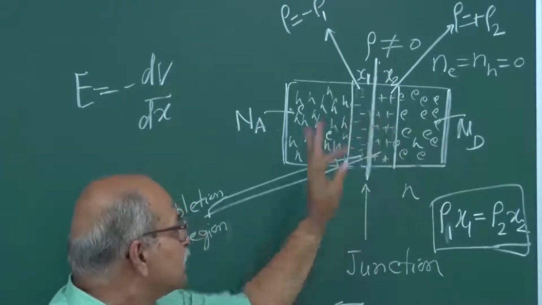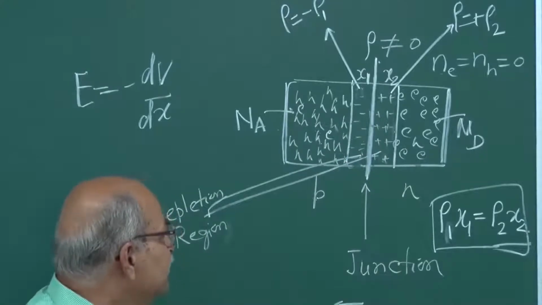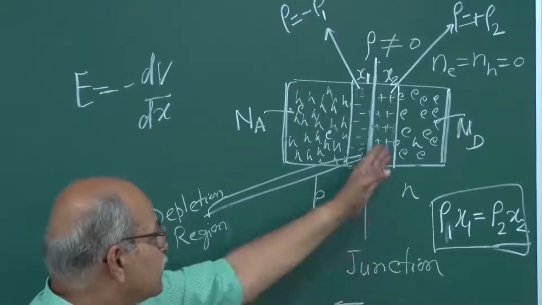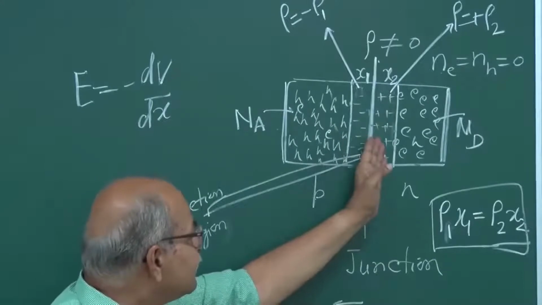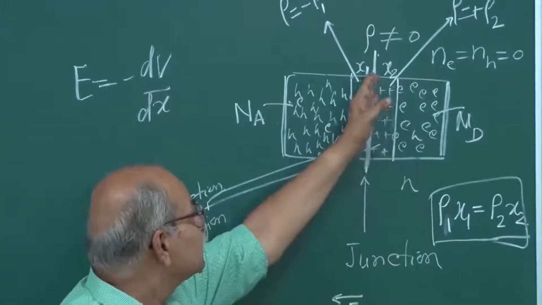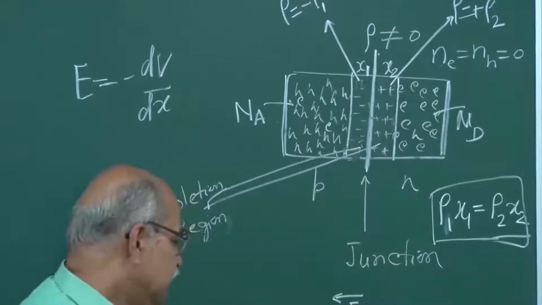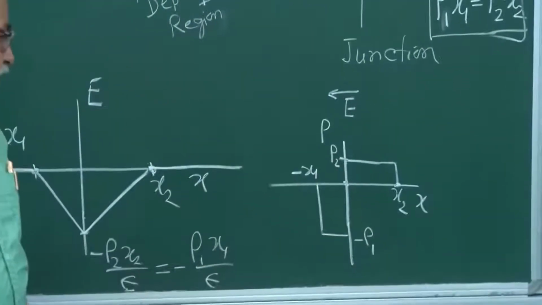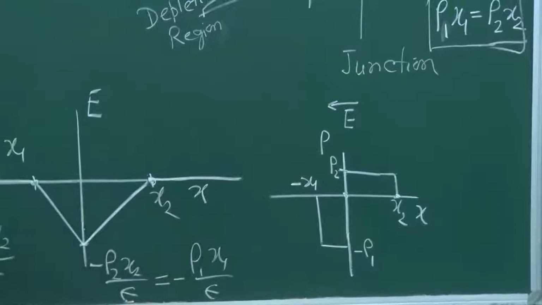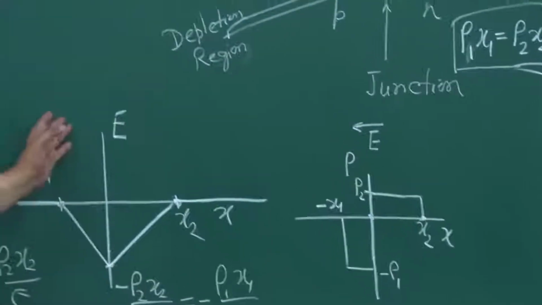Then we take this approximation in which we say that the charges are constant in this region up to a width x1 here and a width x2 here. So, this is that rho versus x distribution, and from here we calculated E versus x.